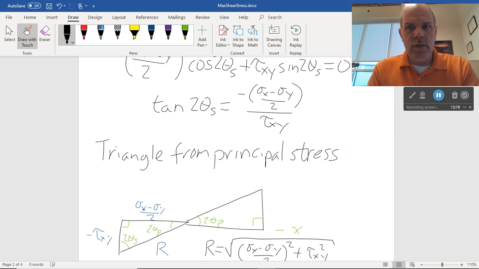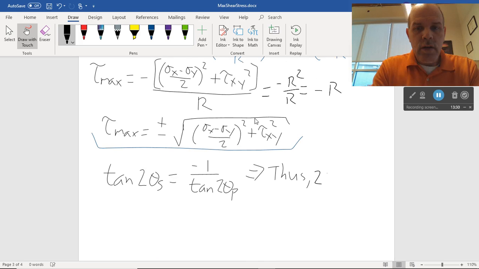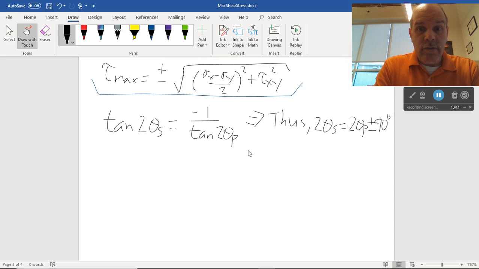And the way that the trigonometry works out, this means guaranteed 2 theta s is equal to 2 theta p plus or minus 90 degrees. Therefore, theta s is equal to theta p plus or minus 45 degrees.